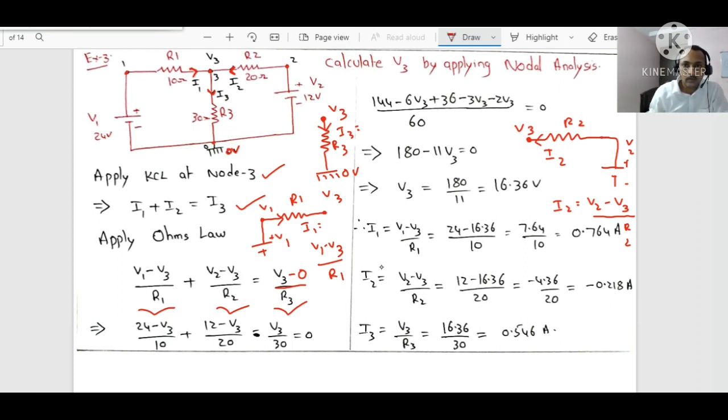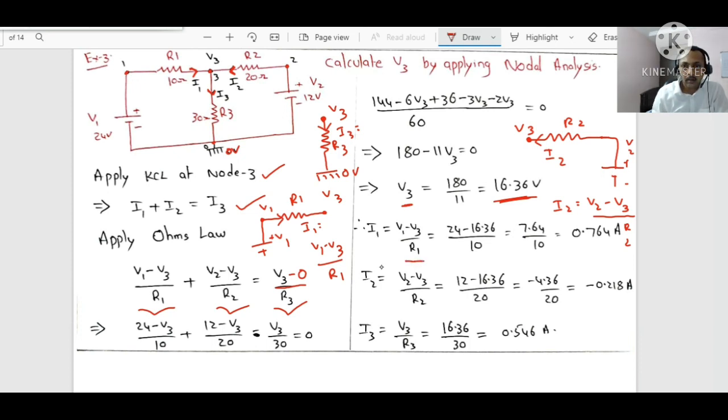So on solving this, you will get an equation in terms of V3, and now your V3 is 16.36 volts. Only one thing you are supposed to find out, V3. Now once you know V3, easily you can calculate the value of I1.